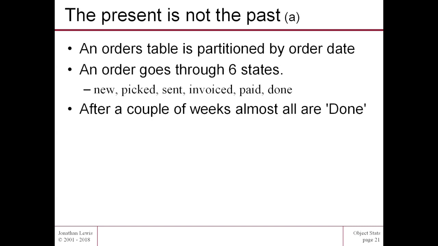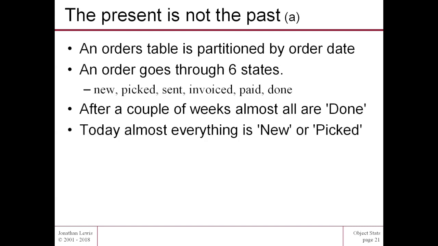There may be 1 or 2 or maybe 14 or 16, 20 partitions, if it's daily partitions in the present, where we've got some mixture of done, new, picked, invoiced, and so forth. Today, almost everything you look at in today's partition, or for the first couple of days of the week's partition, almost everything will be new or picked.